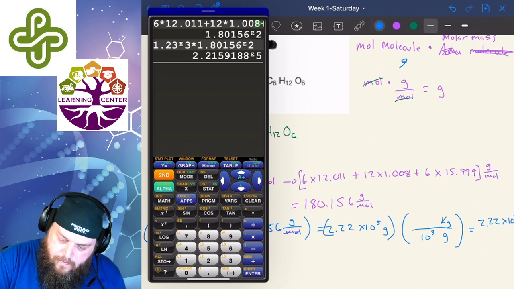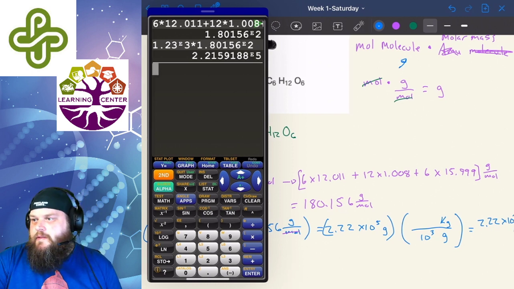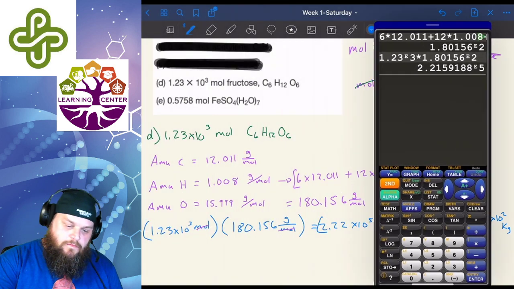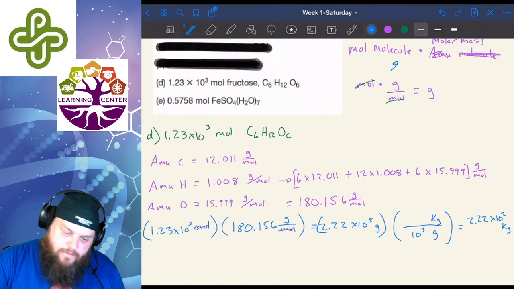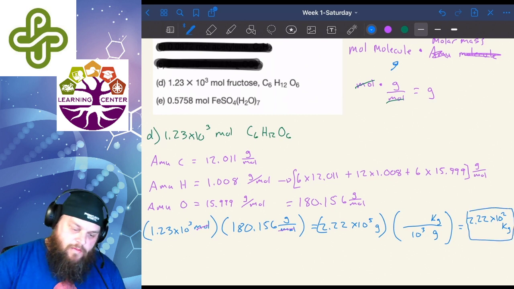Now I've got to put that unit on. Kilograms. So that's the mass that we have based on that number of moles.